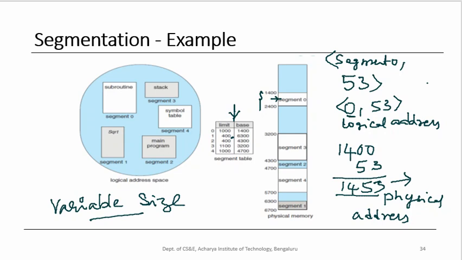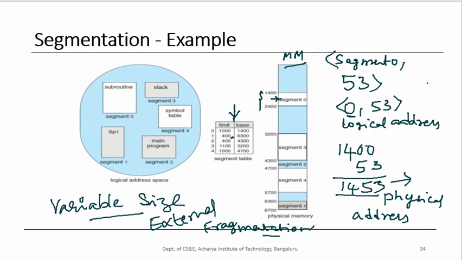Only the difference is that here the segments are put in an out-of-order fashion in main memory. So this kind of memory allocation is called non-contiguous memory allocation. Wherever you have variable sized partitions, you have the problem of external fragmentation. Here also you can have external fragmentation.